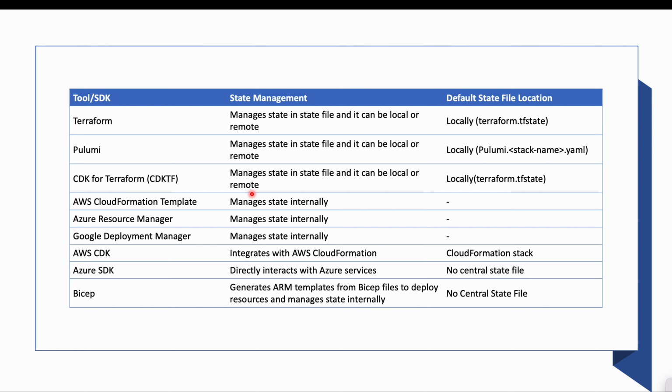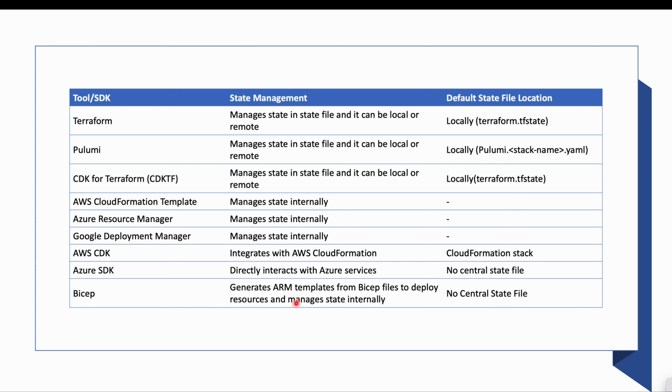If you compare with other tools, first they check the state file, then they check the resource, and then they sync, and by comparing the state file and the target platform, they take the action. But the Azure SDK directly interacts with the resources. And Bicep uses a domain specific language.